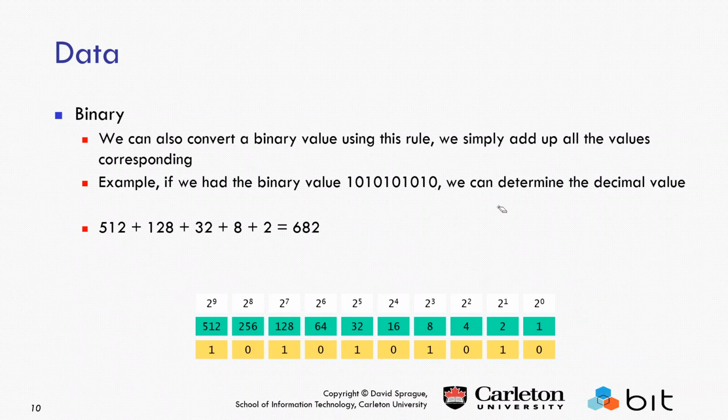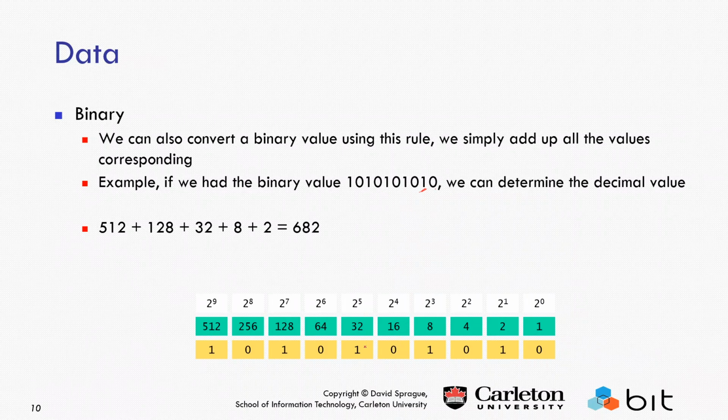So for the ones digit, I have a 0, so that's not adding to my total. For the twos digit, I have a 1 right here, so that's going to be added to my total. For the fours digit, or the 2 to the power of 2 digit, I have a 0, so it's not going to add to my total. For the eights, there's a 1. For the 16s, I have a 0.